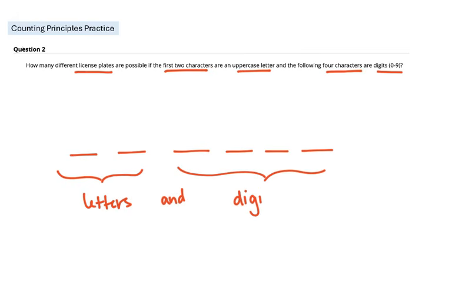Digits just means a number between 0 and 9. So again, our license plates have to have all these spaces. So we need a first letter and a second letter and a first number and a second number, third number, and fourth number. So all of these are going to be multiplied together, and "and" in math corresponds to multiplying. And we, piece by piece, look at how many choices we have for each space.